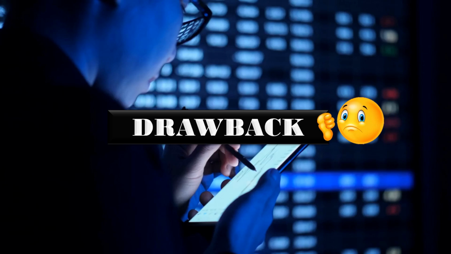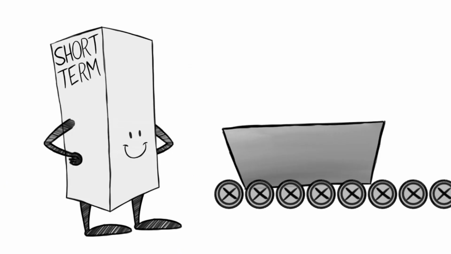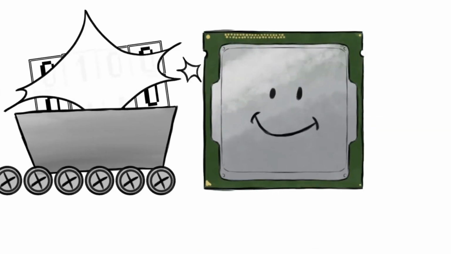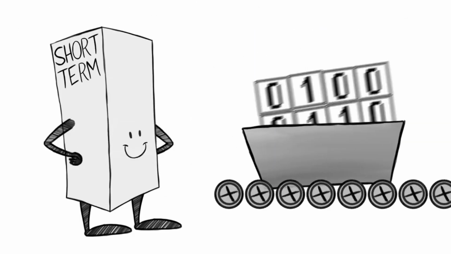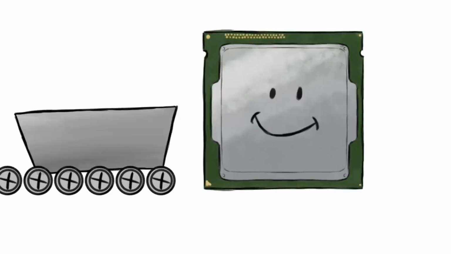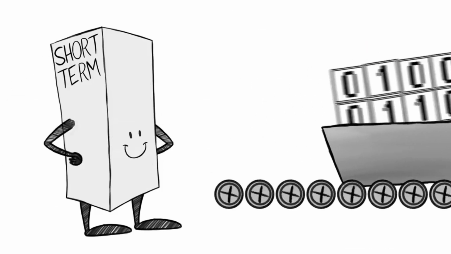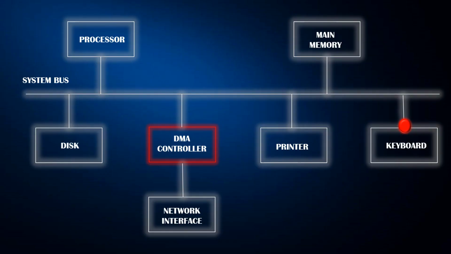So now let us see about the role of DMA controller. Let us see the working of it. Here, if we press a key, the signal will be sent directly to the memory and then it gives access to the main memory. So there is less time used here compared to the previous method that we have discussed earlier.